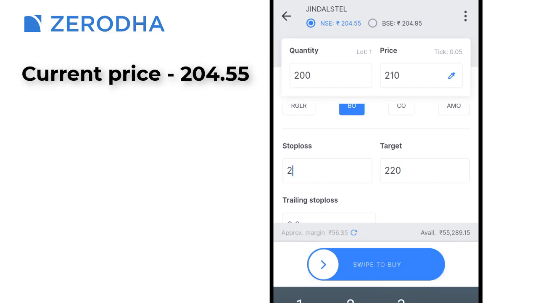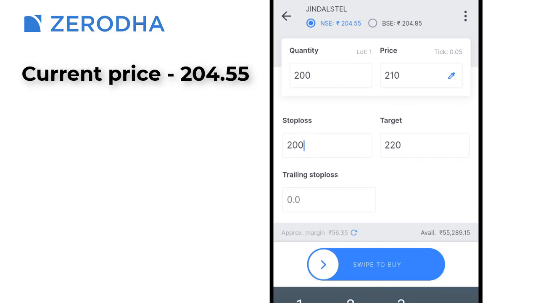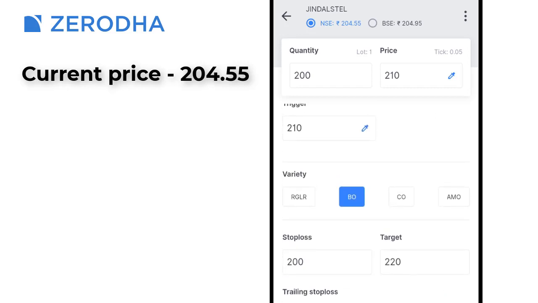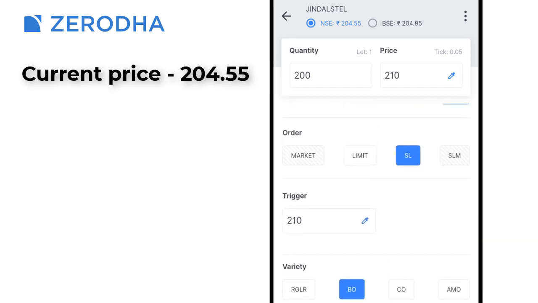Then the stop loss has to be below the current price, which is 200 or 205, whatever. I'm using 200. Trailing stop loss is optional, you can keep it as much as you want. I'm just leaving that because I don't use a trailing stop loss. So once the order gets triggered, if the price reaches 220, I will exit the trade with profit. If the price reaches 200 rupees, I will exit the trade with a loss. So this is for a bracket order with stop loss.